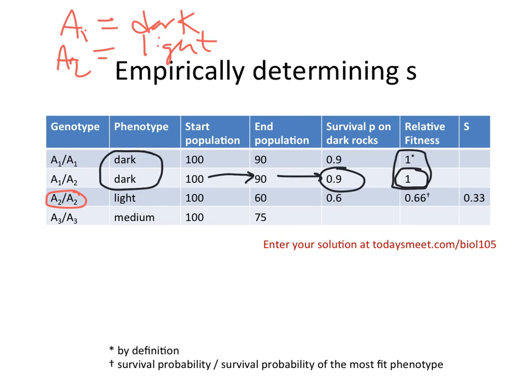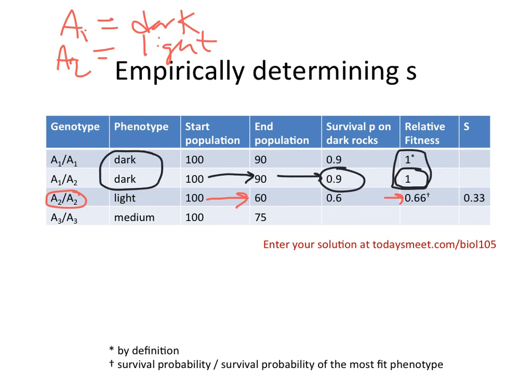So then you look at the light trait, and you have much more lethality. We've lost 40 mice over the same time period. So it seems like having a light coat's much worse than having a dark coat. This is how we quantify that.